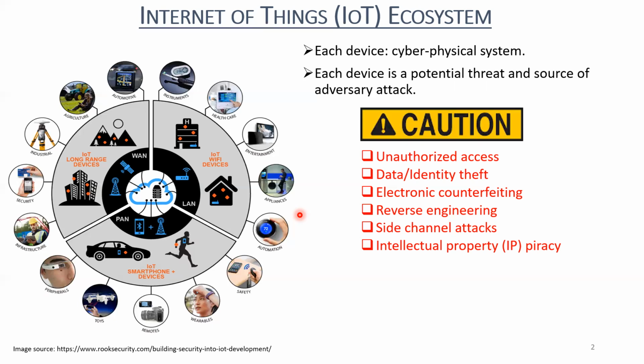HP started receiving too many complaints regarding cartridges, and when they analyzed the entire supply chain, they found that all those printers passing through China had these problems. They found that all those printers had fake cartridges. So what these companies may do in the supply chain is replace your original components with fake components, and that is called electronic counterfeiting.